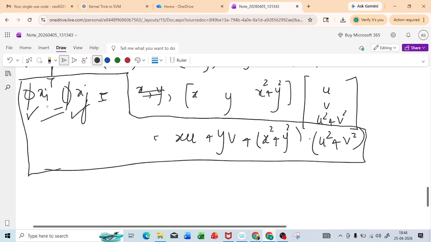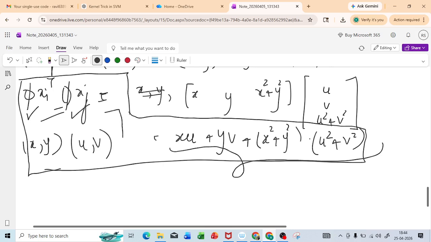So what they said is, okay, we need to do this, but what is the end result of this calculation, phi xi transpose into xj, right. So they did that, and what it essentially is, is nothing but something which again appears in the 2D form. So you remember we said that there are 2 points, let's say these are x, y, and the second point is nothing but u, v. So you see, the dot product of this, what we actually need for the optimization, is nothing but again in 2D itself, right.